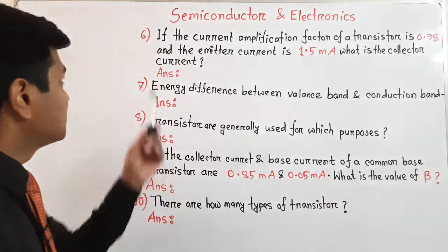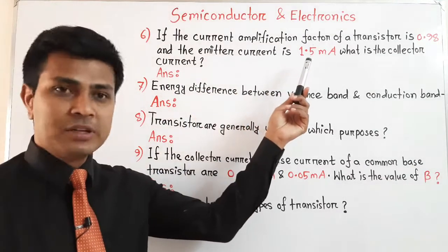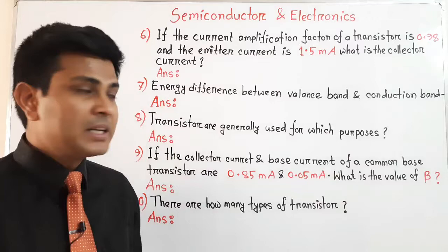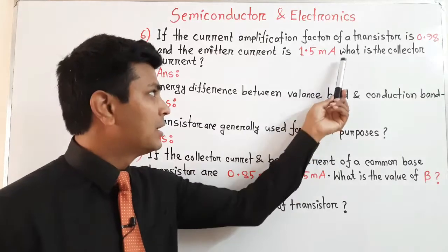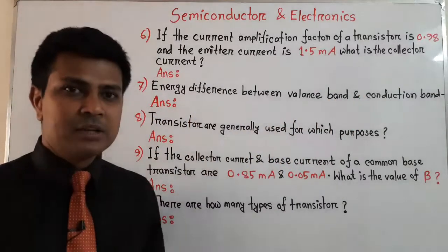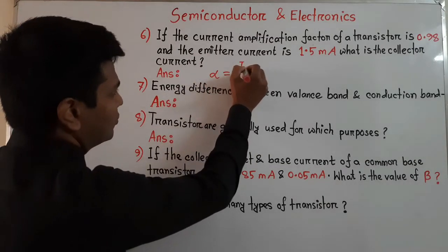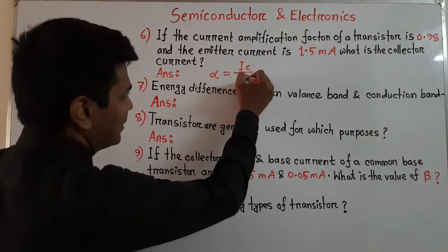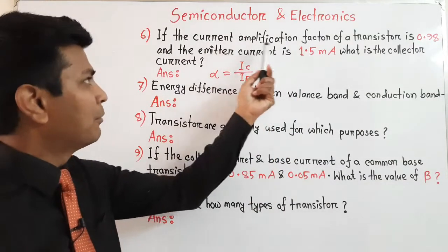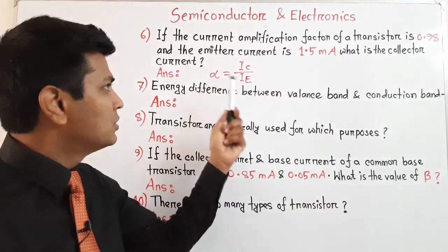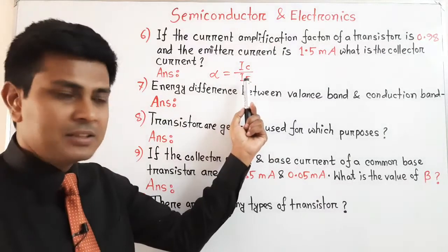Now let's see question number 6, and the question is, if the current amplification factor of a transistor is 0.98 and the emitter current is 1.5 milliampere, then what is the collector current? Formula to calculate here: alpha equal to IC divided by IE, and alpha is the current amplification factor, whose value is given as 0.98, and also the emitter current, that is IE, is given.